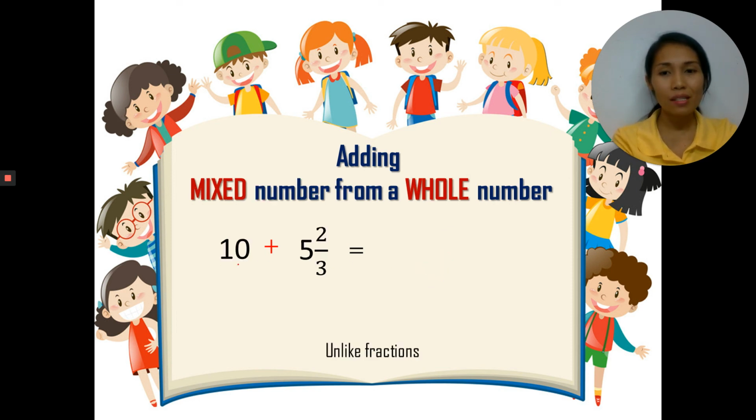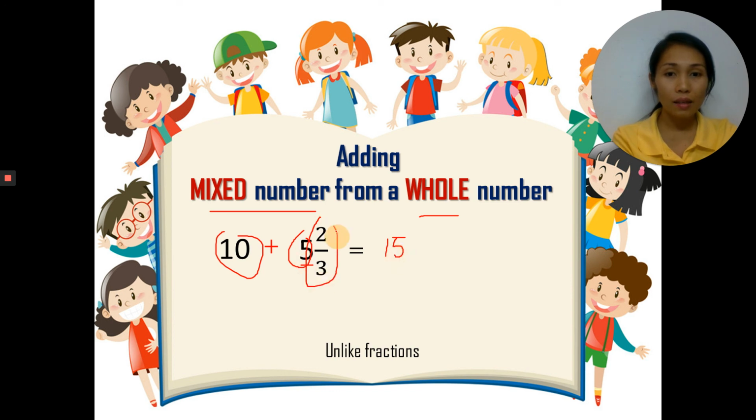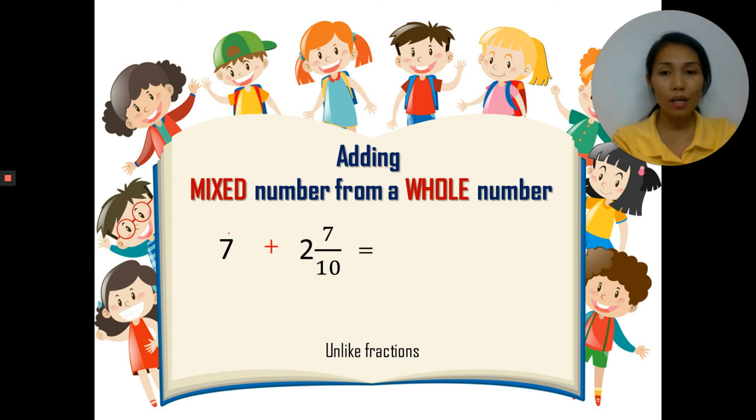Same with this. 10 plus, this is a mixed number added to a whole number. The mixed number has a whole number 2. So you need to add first the whole numbers. 10 plus 5 equals 15. And then copy the fraction.